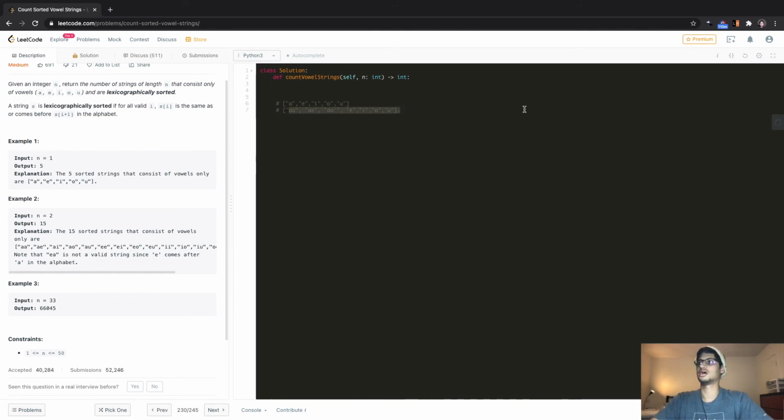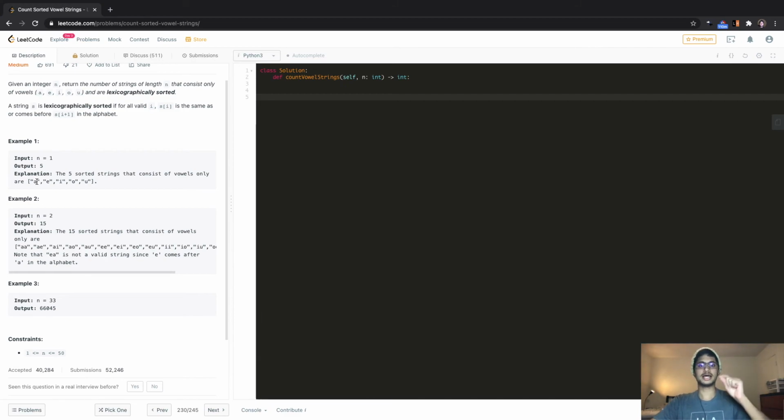So the results on these depend on i minus 1, and we're trying to do it from i equals 1 through n. Just looking at it, you can see that you have aa, ae, ai, ao, au.